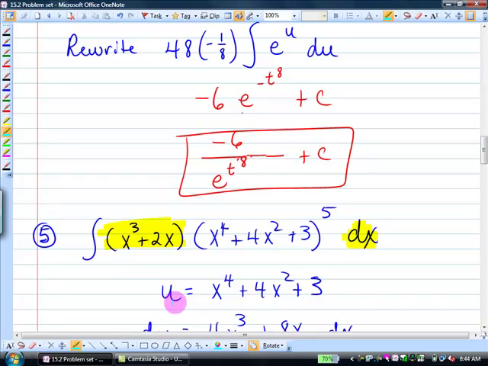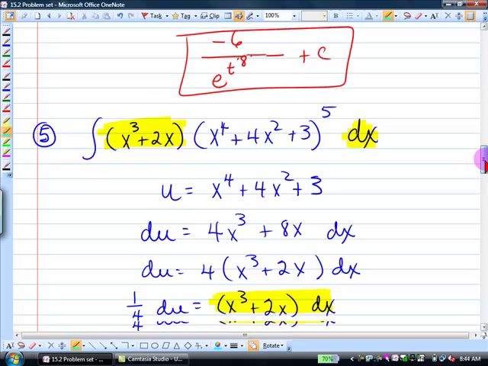Okay. My question was, why would we choose this to be u? Why not this thing? Anybody? It's a quantity raised to a power. This thing, we could do something with this. We don't know how to take the integral of it. So let that be u, and then take the derivative of that.